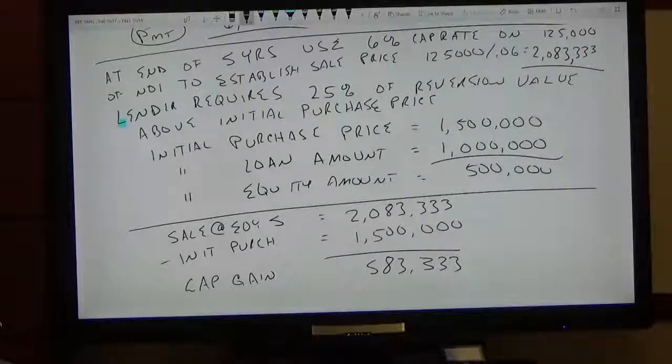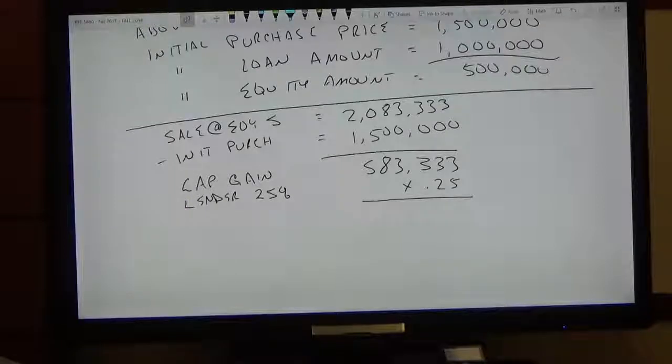All right, and this lender wants 25% of that. Should be 145,833.